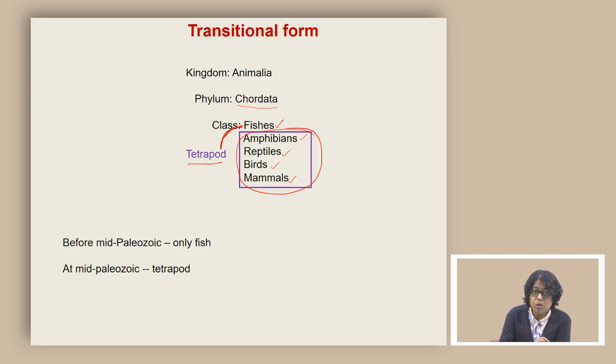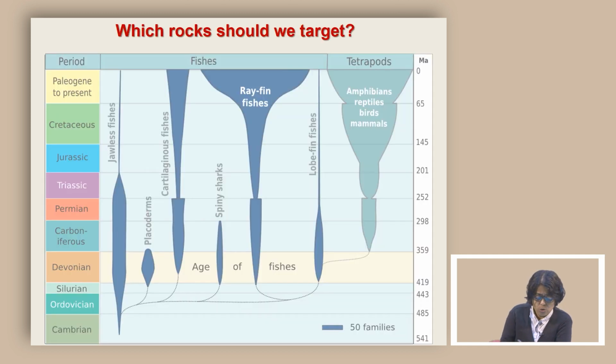Because we know from the plot that I have shown you that before mid Paleozoic we are only finding fishes. So, before the beginning of Devonian, we are finding different kinds of fishes. Even in mid Devonian we started finding only fishes, and we started finding tetrapods only after Devonian.